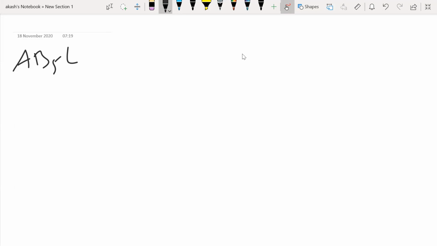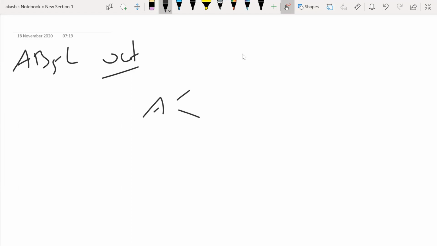You can put the lone pair anywhere you want. The geometry is octahedral. Sorry, it's not TBP, it's octahedral. So the geometry is still octahedral.